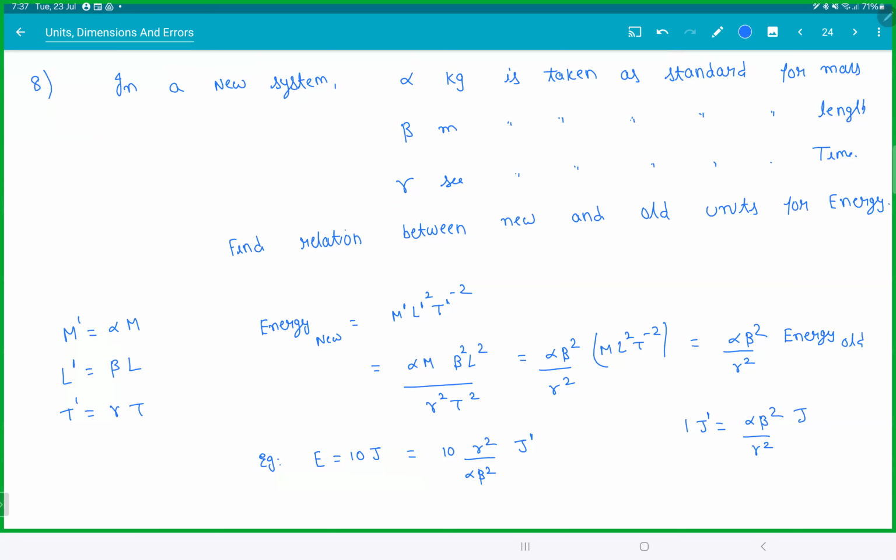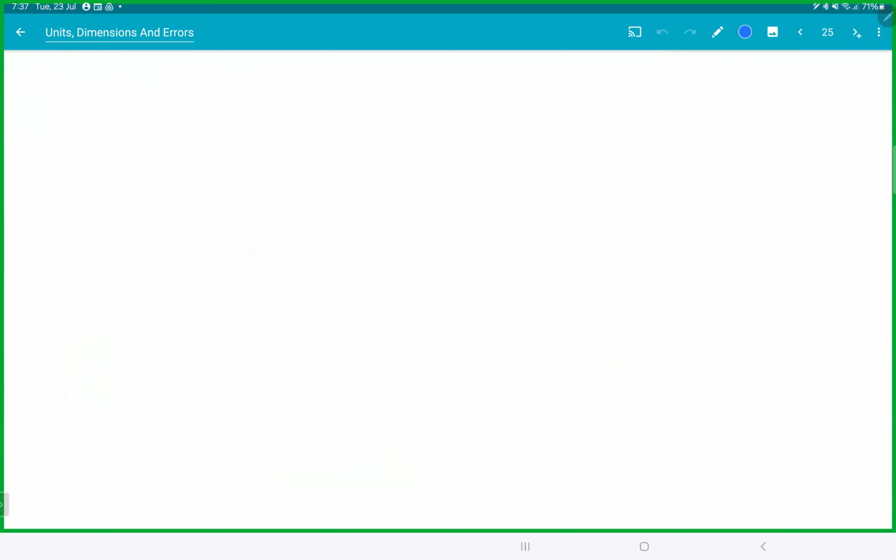The second part is errors. Between that, there is one more small part called significant figures, or SF.